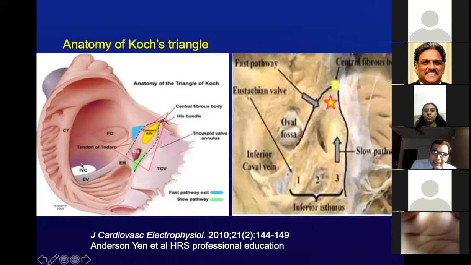This, as I said, inferiorly and more medially is the IVC. The SVC drains in from the top here. If you look at the plane of the SVC and the plane of the IVC, they are not exactly one above each other. There's a slight angulation there.